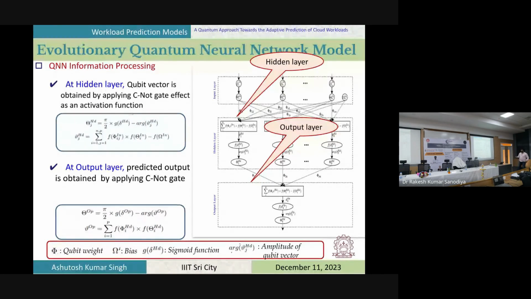So we applied the C0 gate here as an activation function, because for training, SVM uses different kinds of gates, different kinds of fitness functions. What you basically do is just change your activation function. And in our output layer, we applied the C0 gate and we proceeded.